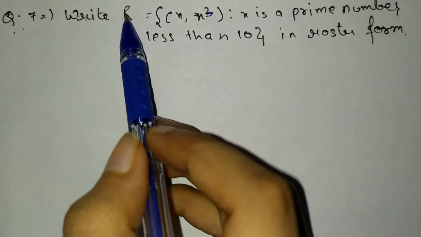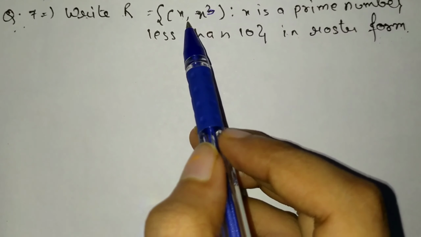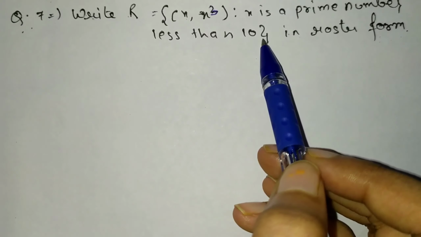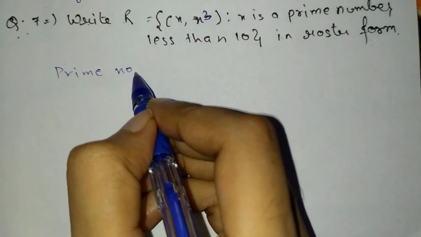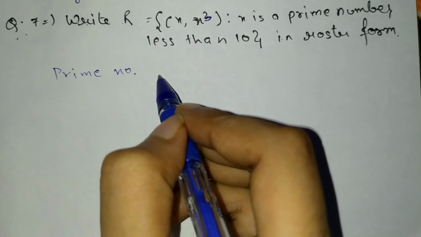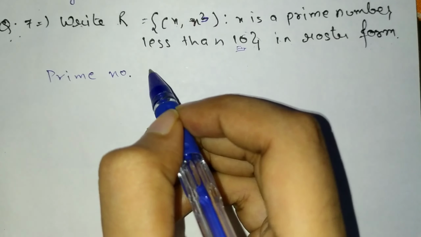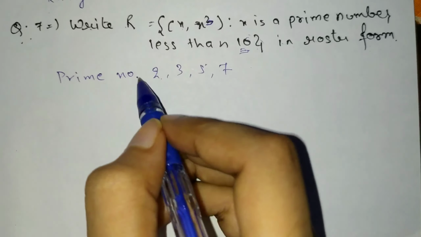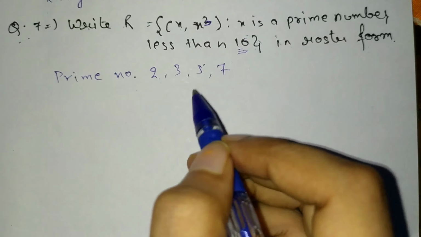Question 7. Write relation R in roster form such that we have two values x and x cube, where x is a prime number less than 10. So we know a prime number is a number which is divisible by 1 and itself, and here the prime numbers less than 10 are 2, 3, 5 and 7, as these are the only numbers less than 10 which are divisible by 1 and itself.